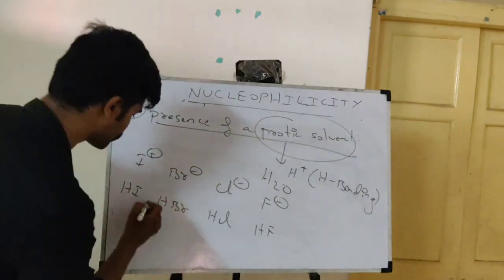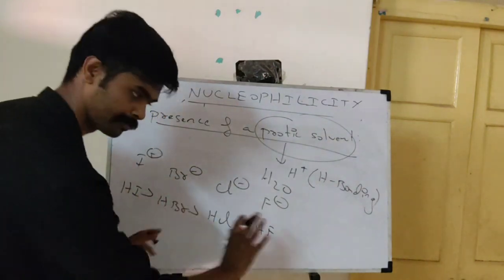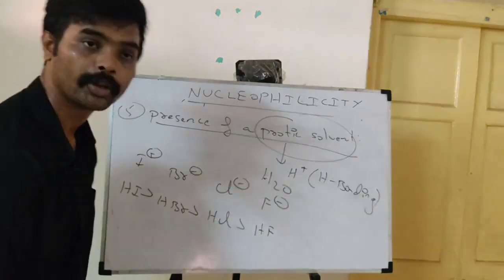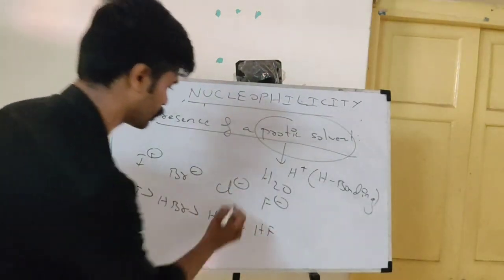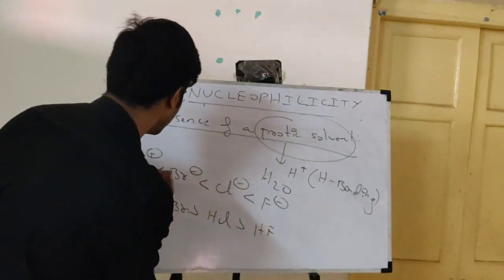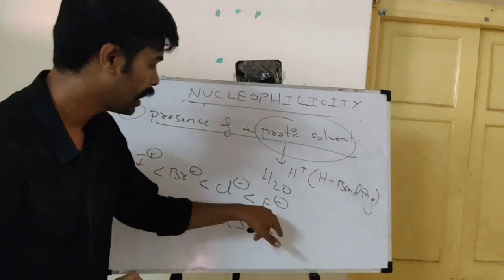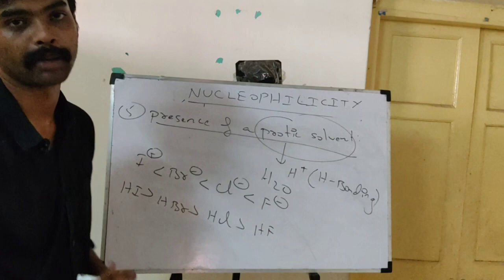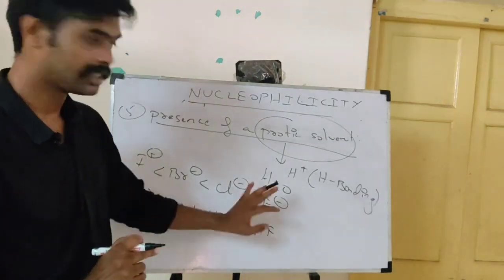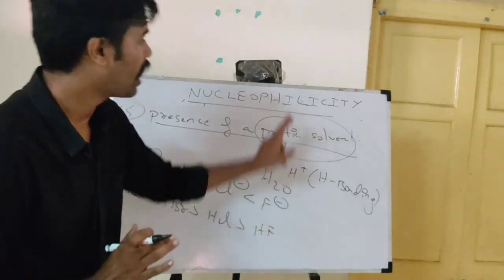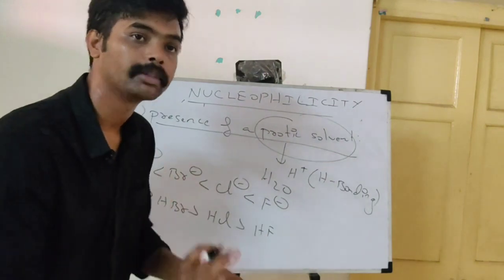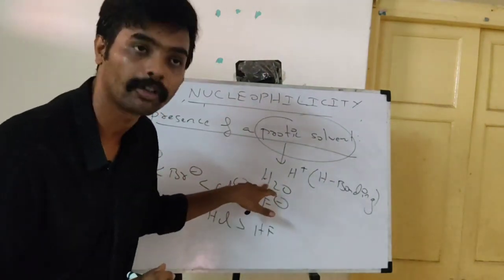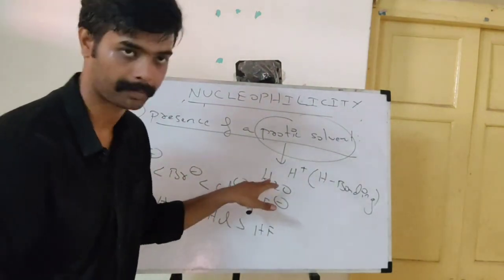So the order of acidic strength is going to be like this, no doubts. And obviously the opposite is going to be the order of basic strength. So I can say that this will be the order of basic strength, meaning that F minus will be a better nucleophile than Cl minus, than Br minus, than I minus. Okay. Now this is true if the reaction medium is not water. That means the reaction medium is not water, right?